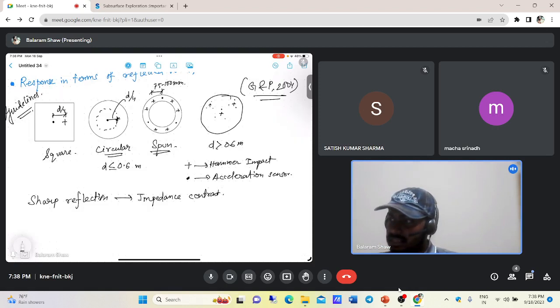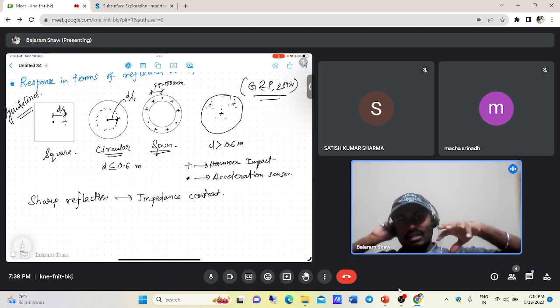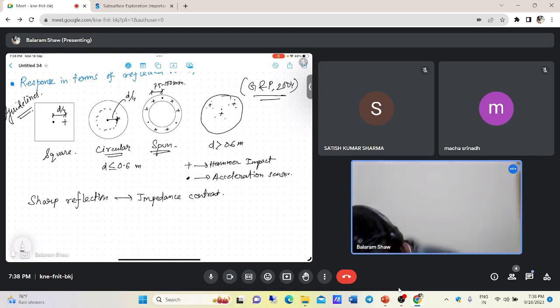So what is this impedance? Impedance is a measure of the deep foundation's resistance to motion when subjected to an impact event. Let us say we are having an impact event; I'll write what impedance is.